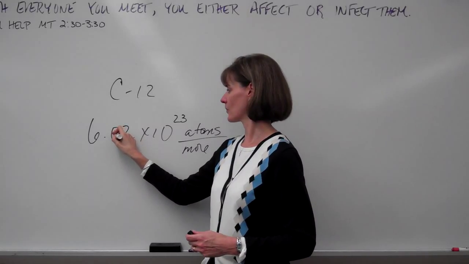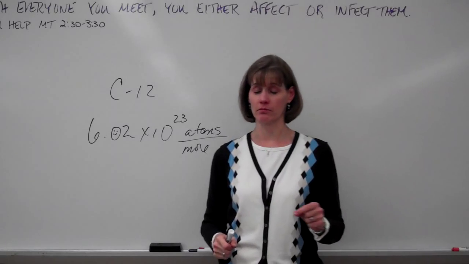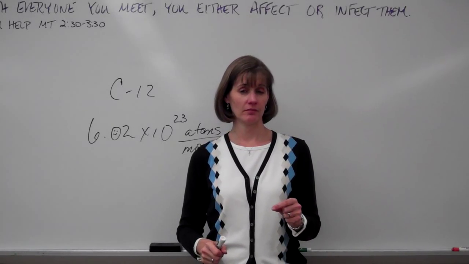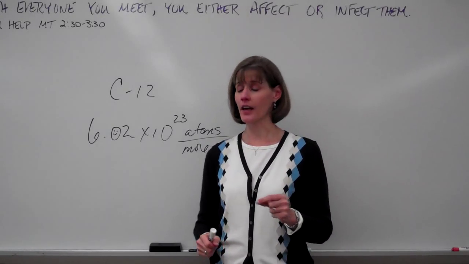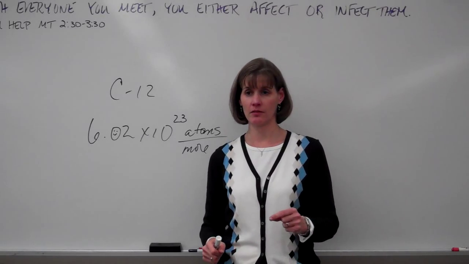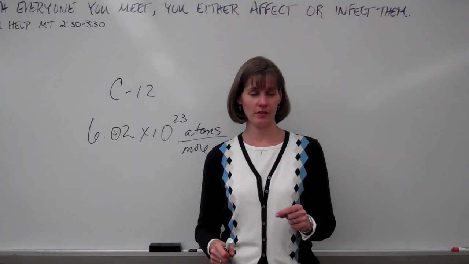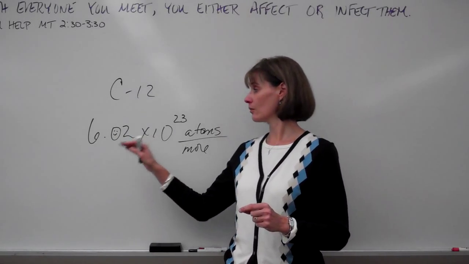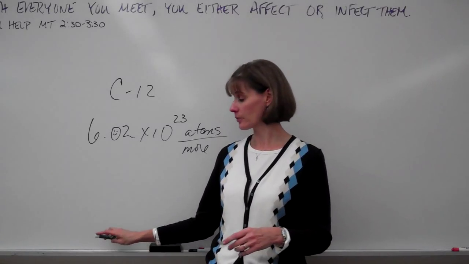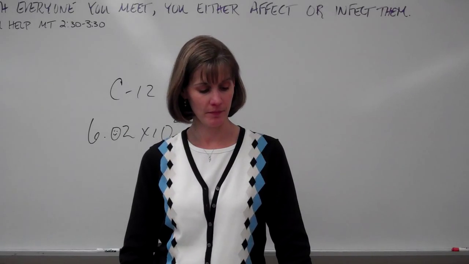Okay? Good job. What if I asked you about carbon 13? How many atoms are in a mole of carbon 13? 6.02 times 10 to the 23rd. A mole is 6.02 times 10 to the 23rd anythings. This should be like the easiest question on this test.